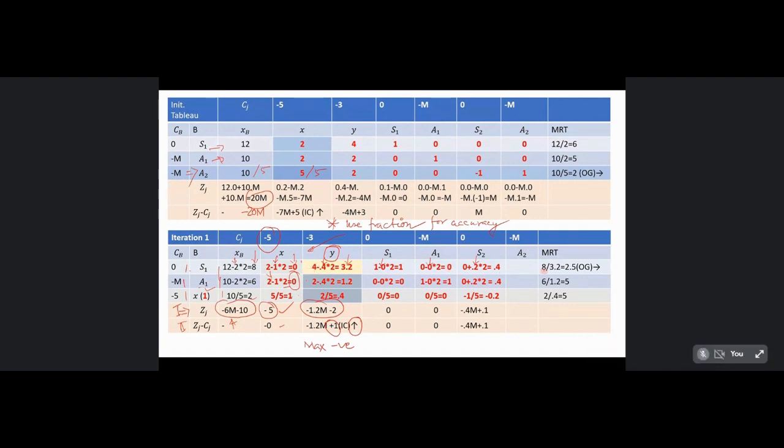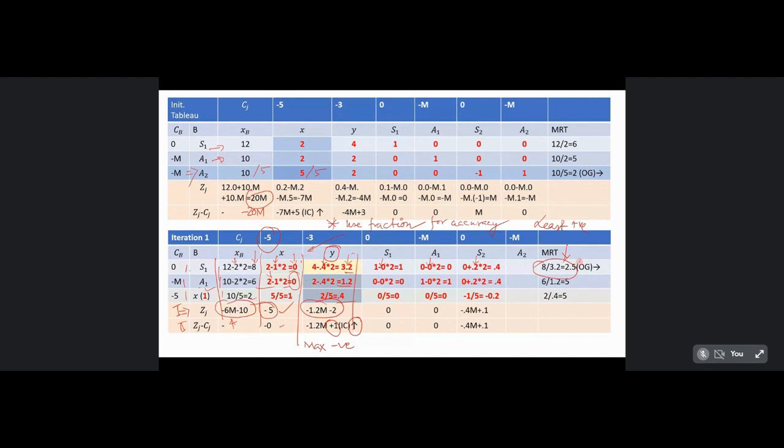So go to compute the minimum ratio test using this column and this column. So 8 divided by 3.2, 6 divided by 1.2, 2 divided by 0.4. And you see this is the least positive.